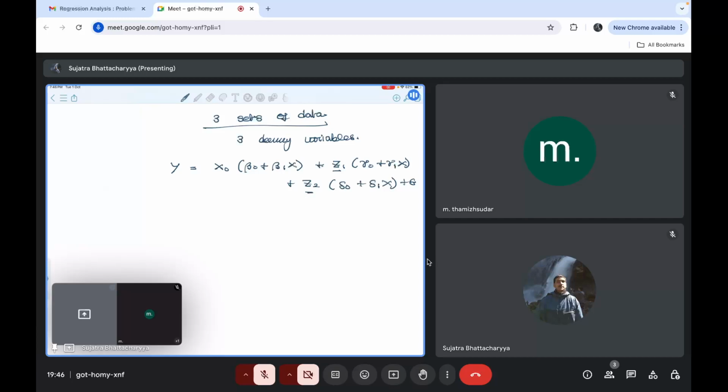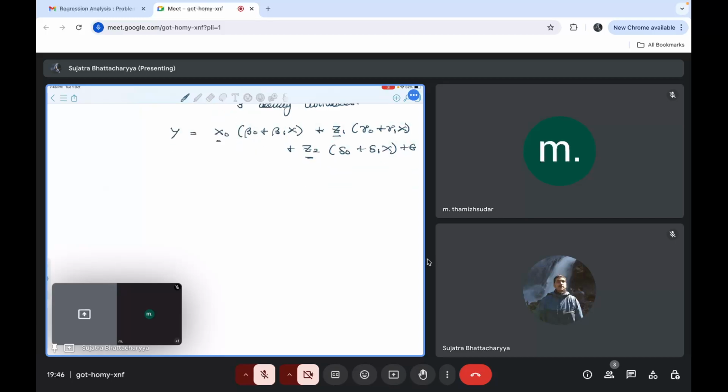Two dummy variables plus one, so three sets. X naught is one already. So this will be beta naught because x naught is one. So I'm not writing this, plus z1 gamma naught plus z1 gamma 1 x, an interaction term, plus z2 delta naught, another interaction term, plus etc. This is the model.